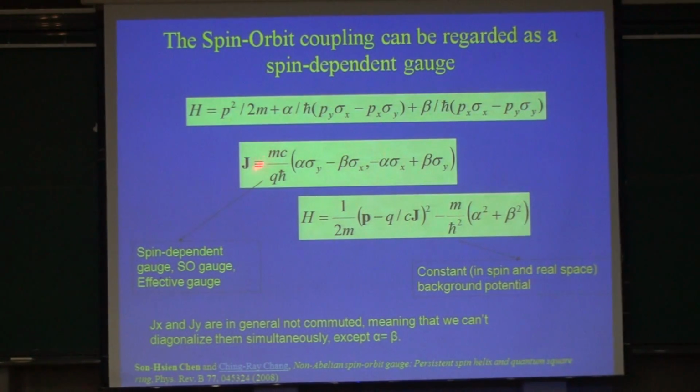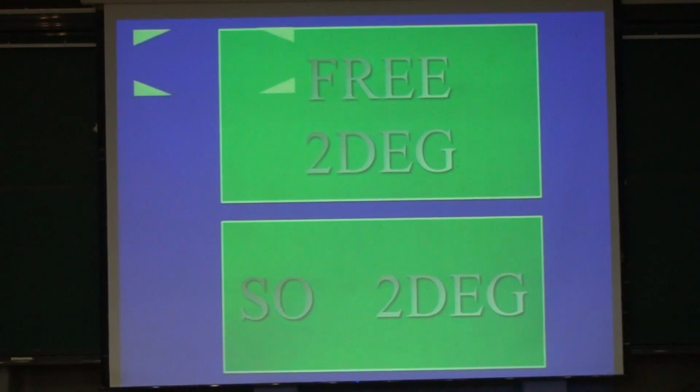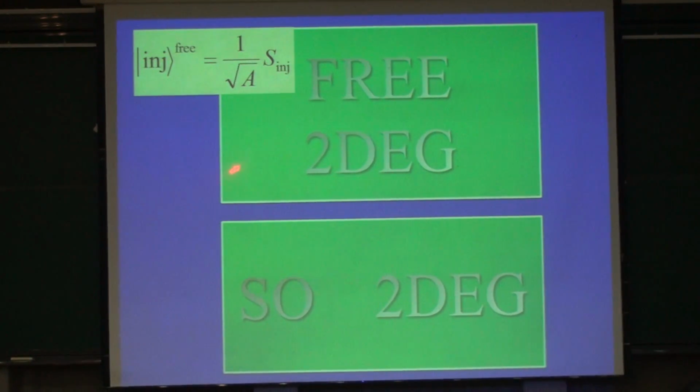It turns out you can find a spin-dependent non-abelian spin orbital gauge, and change your Hamiltonian into a simple new kinetic term under the field momentum, plus the non-abelian spin-dependent momentum, and a background potential that depends on alpha and beta. This gives you a simple idea of how things propagate in a 2D electron gas.